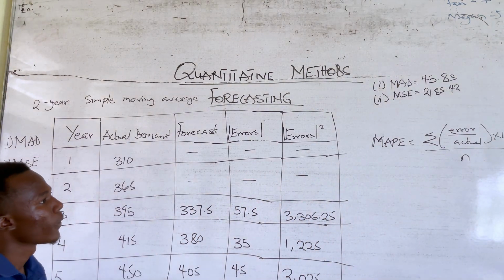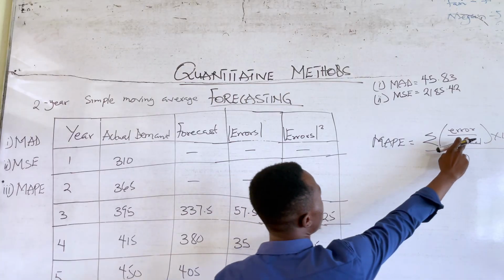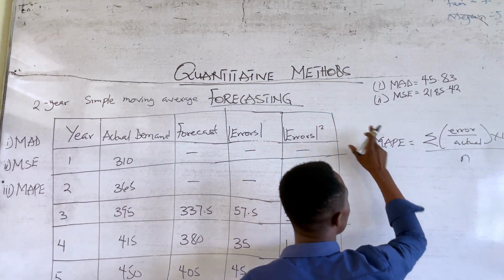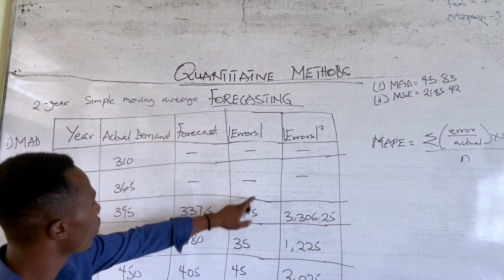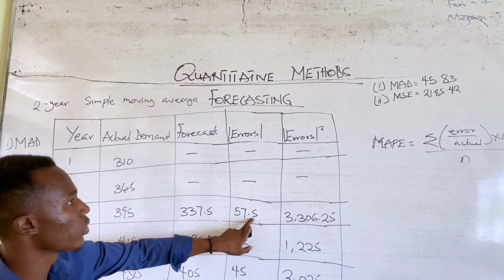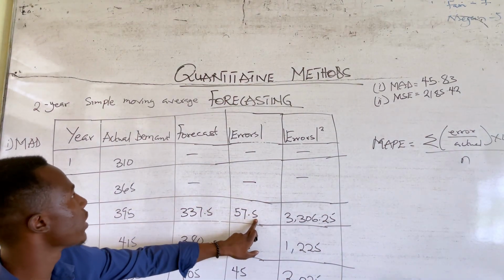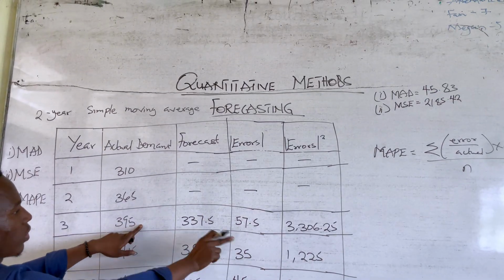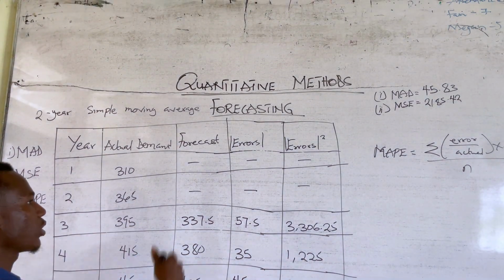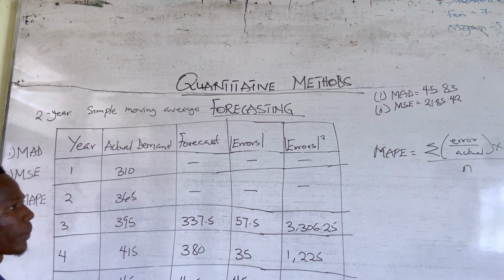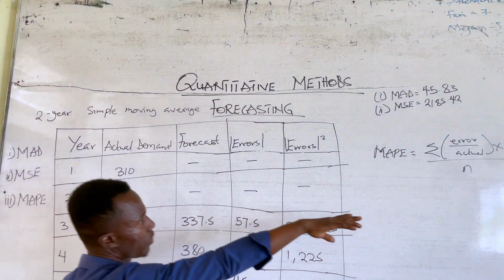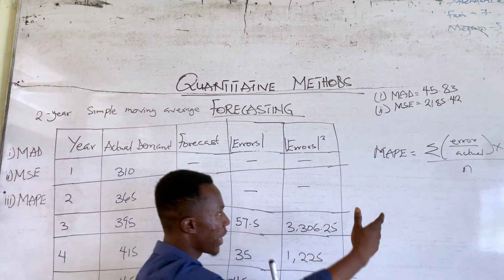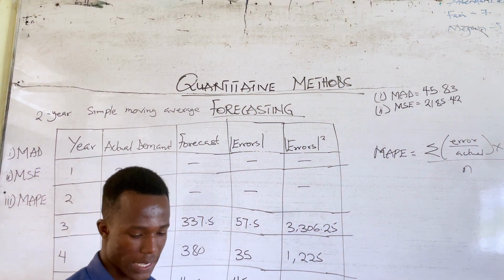Yes. So now we are going to take each row. We take the error. Yes, these are the errors. So we take the errors, then we divide it by the actual value of that particular row, right? Then we multiply it by 100. Okay. Yes, and that will give us whatever we have here. Okay, and at the end we sum them and divide it by n.